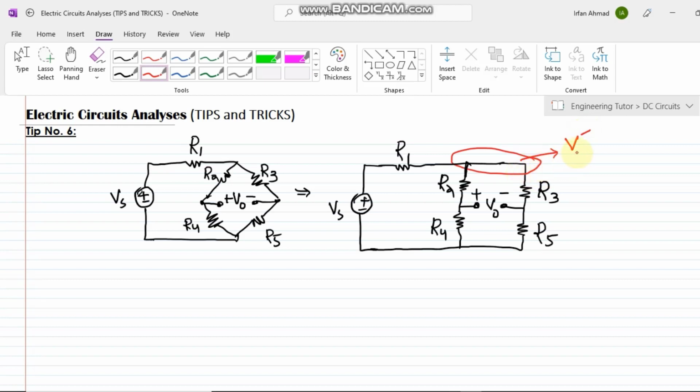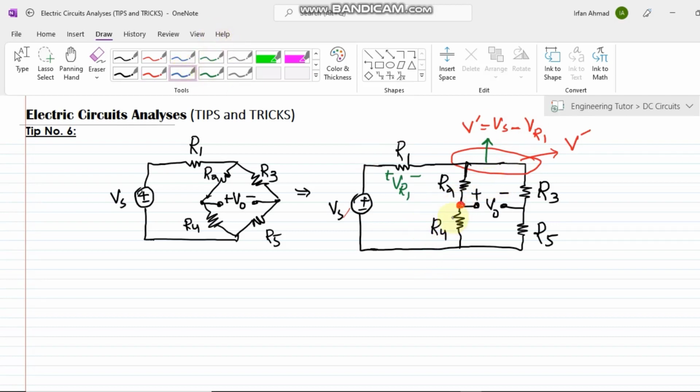After finding the value of VR1, we can see that V prime will be equal to the original value minus the value consumed across this R1. So that is the V prime here.